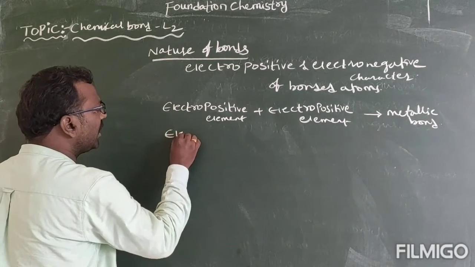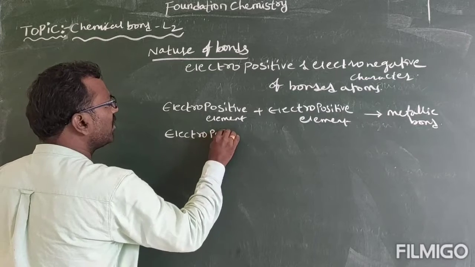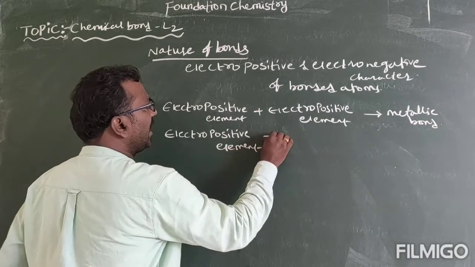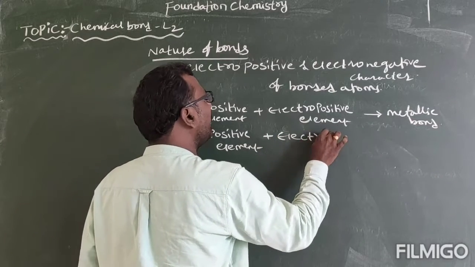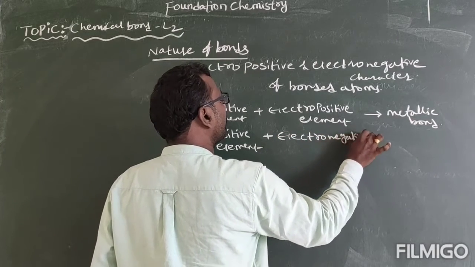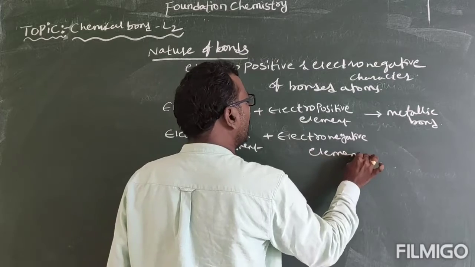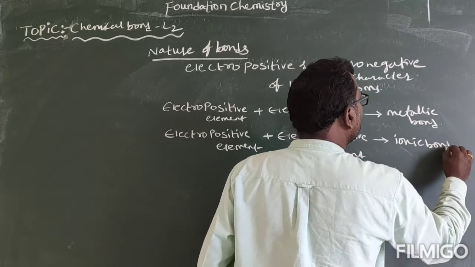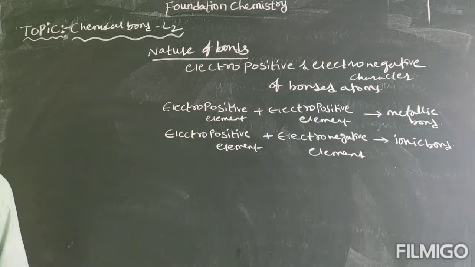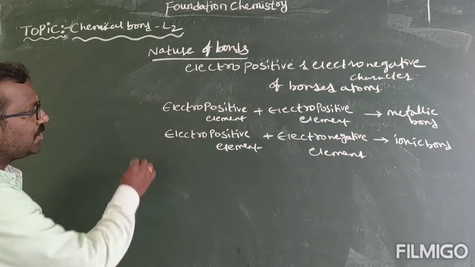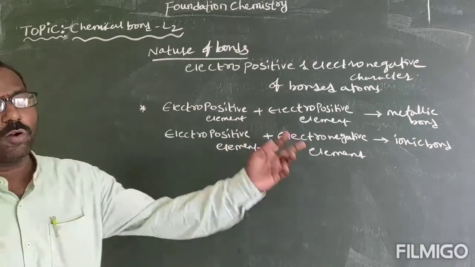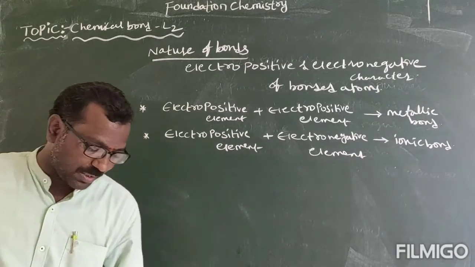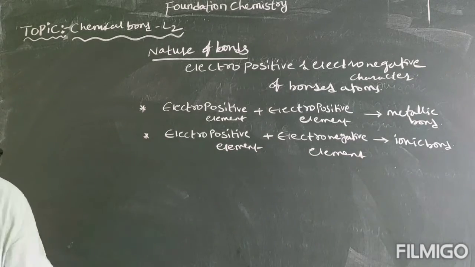Suppose one is an electropositive element and the other is an electronegative element, then the resulting bond is an ionic bond.